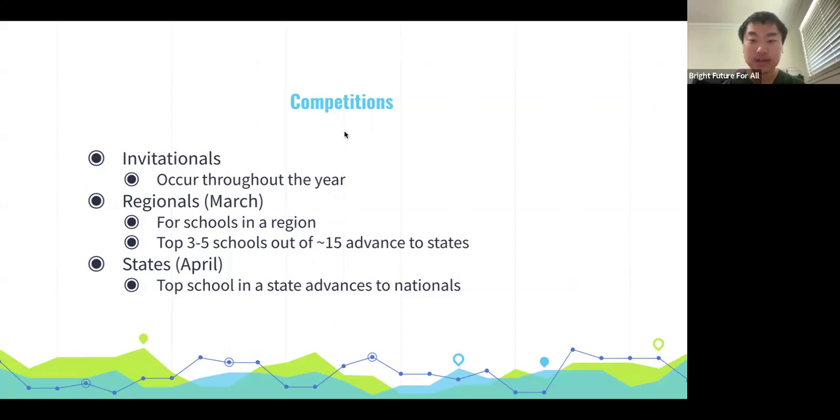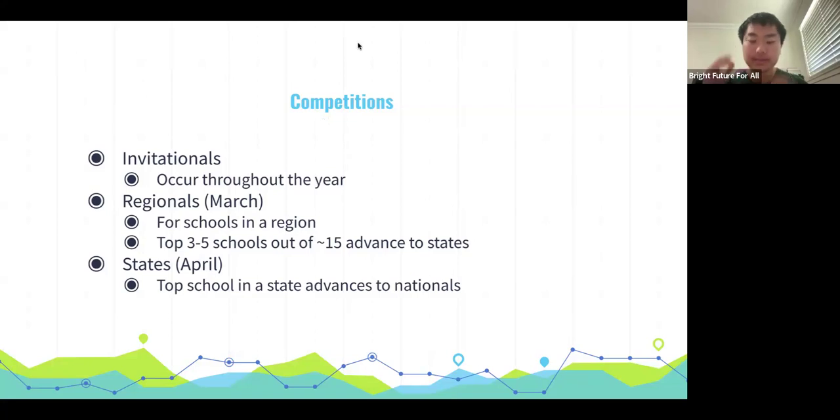This is where schools within a region or state will compete. If you score in the top 3 to 5 in your regional, you can advance to states, and then the top school in the states will advance to nationals, where teams fight for the nation's number one.